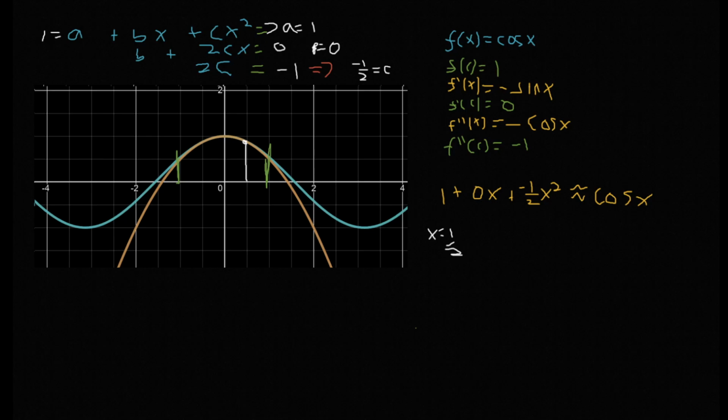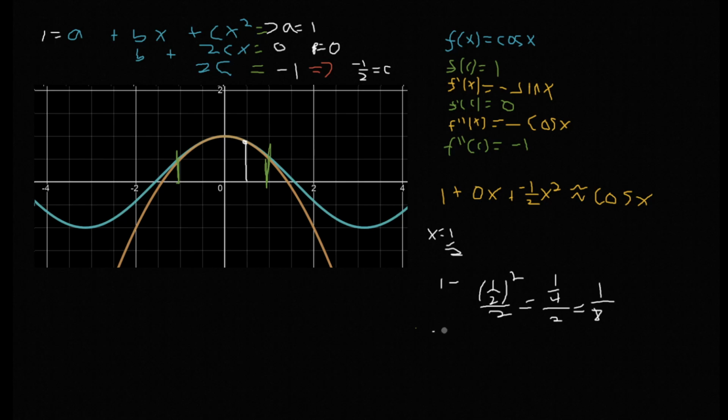So at x equal to 1/2, our y value would be 1 minus 1/2 squared over 2. 1/2 squared is 1/4, and then dividing that by 2 is 1/8.